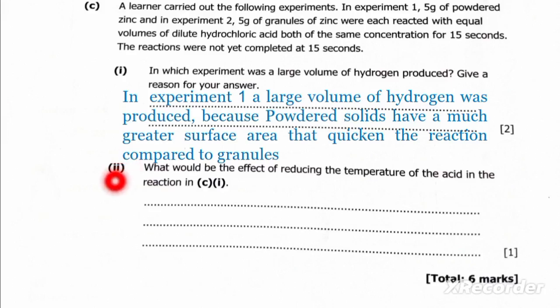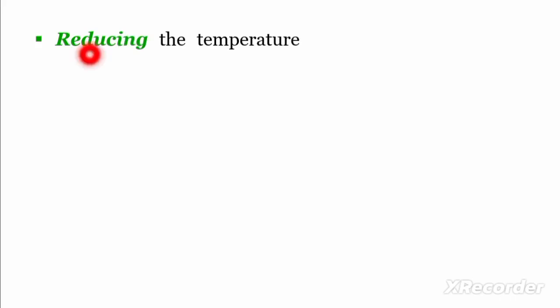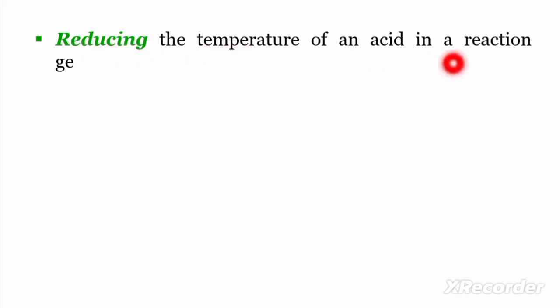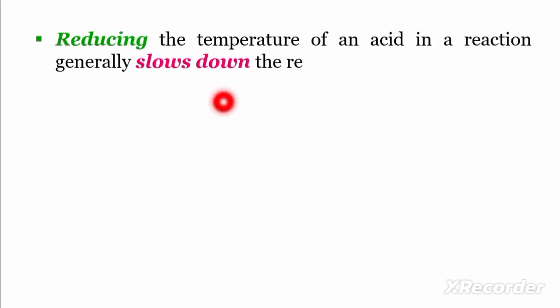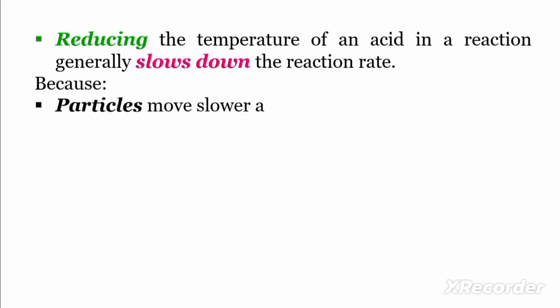We move to Roman numeral 2. What would be the effect of reducing the temperature of the acid in the reaction? Reducing the temperature of an acid in a reaction generally slows down the reaction rate, because particles move slower at a lower temperature.